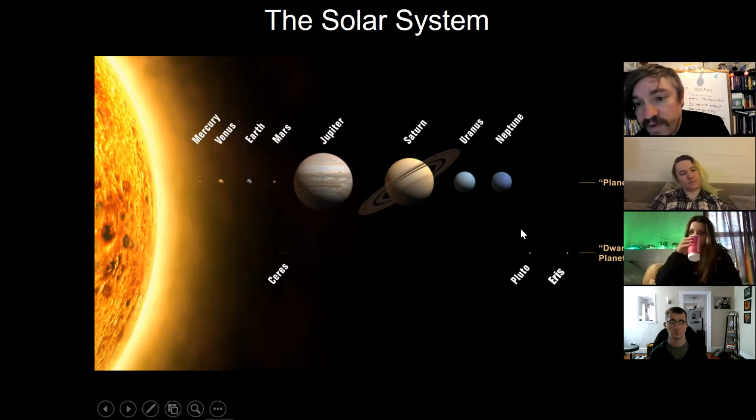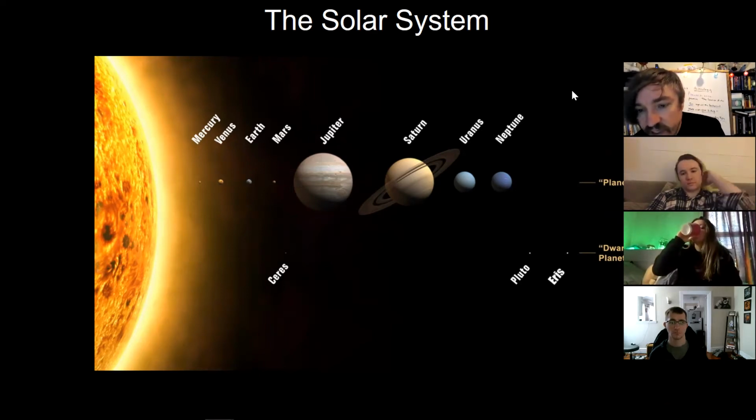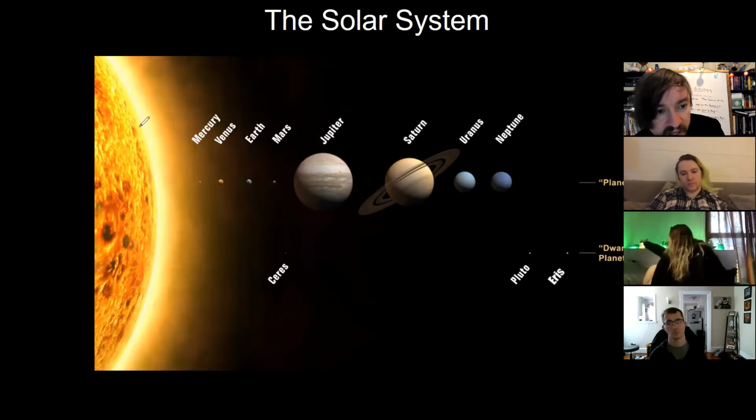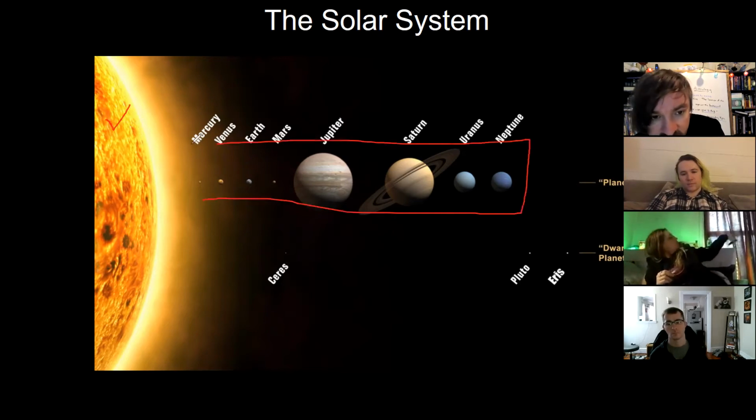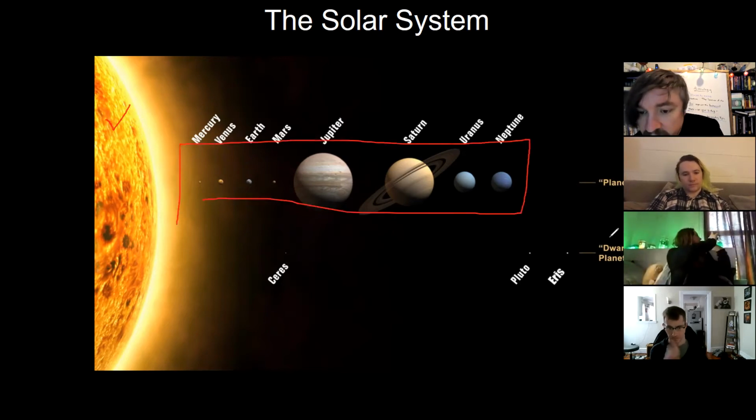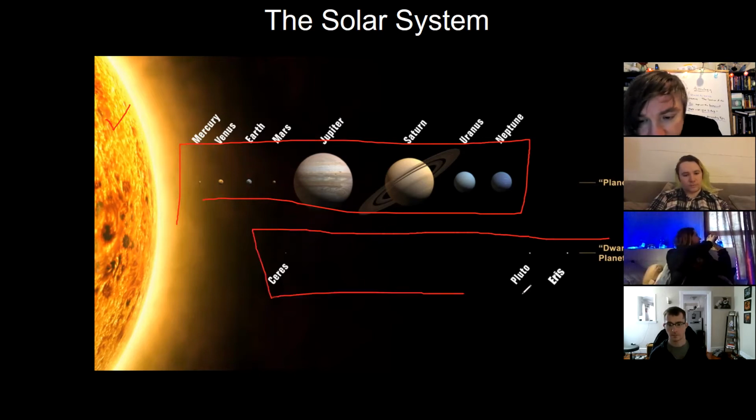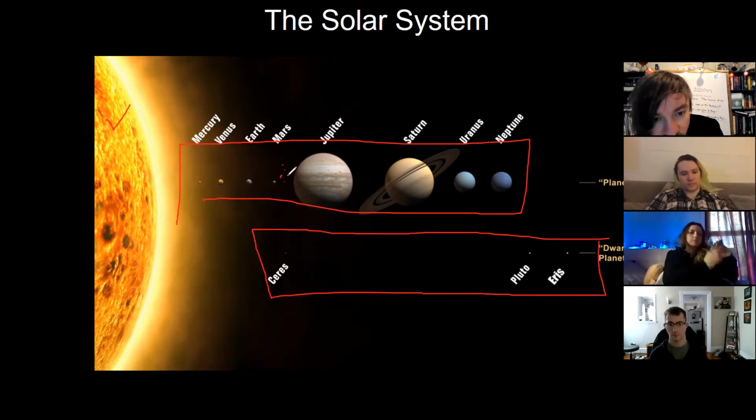Okay. If I were to do a non-technical definition, Ian, I would say the solar system consists of, let me go back to red here. The solar system is the sun. It is the 8 planets. It is the dwarf planets, Pluto, Eris, Ceres, and a few others. It's also the asteroids in between Mars and Jupiter.